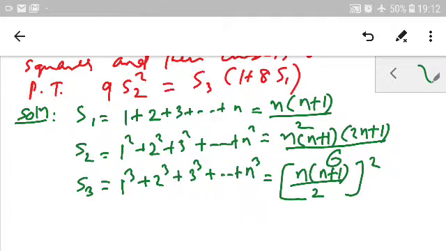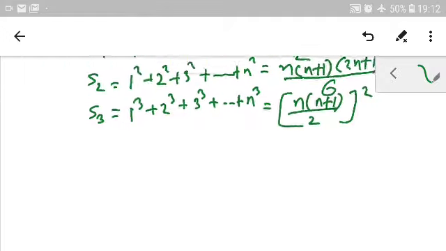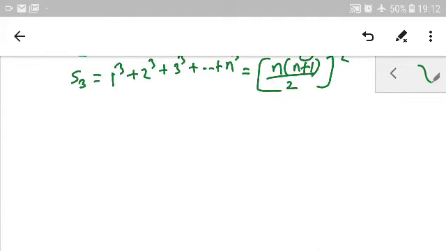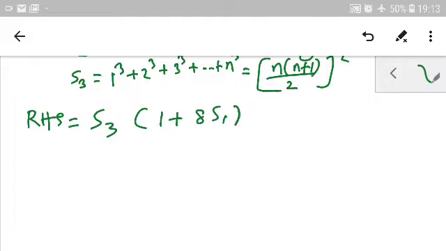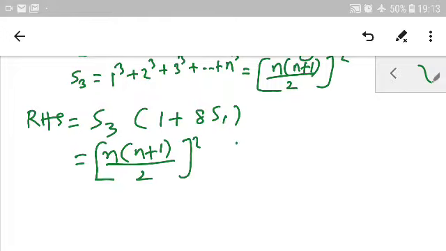Okay, now let me prove whether LHS will be equal to RHS or not. Okay, so let me start. Here I will start from the RHS directly. Our RHS is given by S3 whole into 1 plus 8 times S1. In place of S3, I will write n into n plus 1 divided by 2 whole square, into 1 plus 8 times S1.